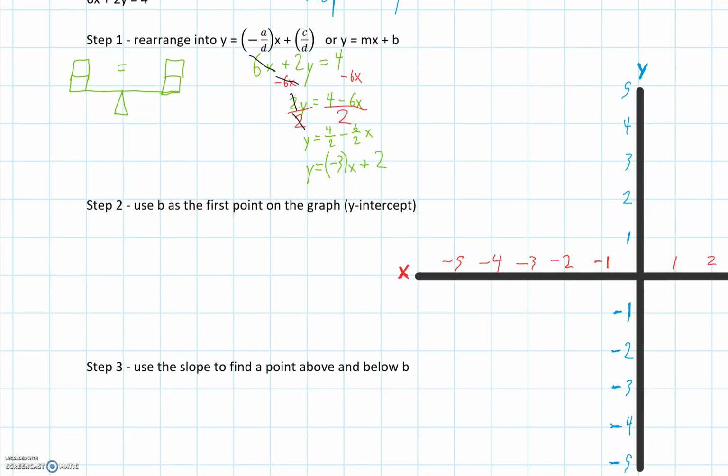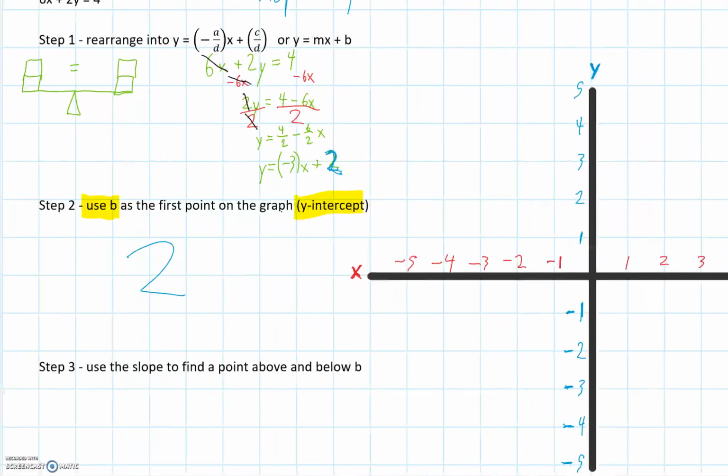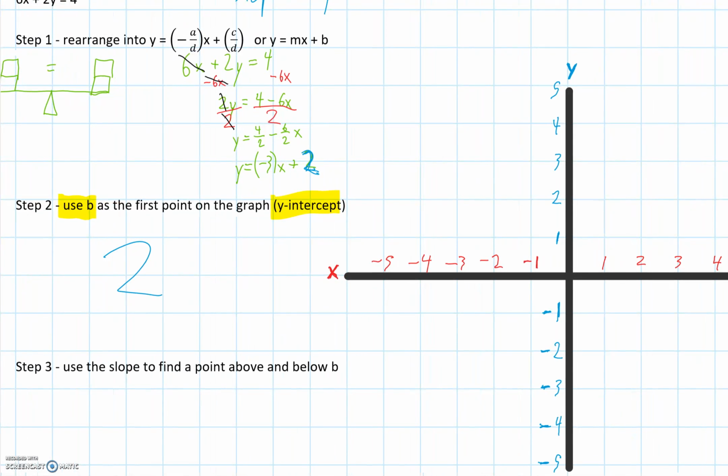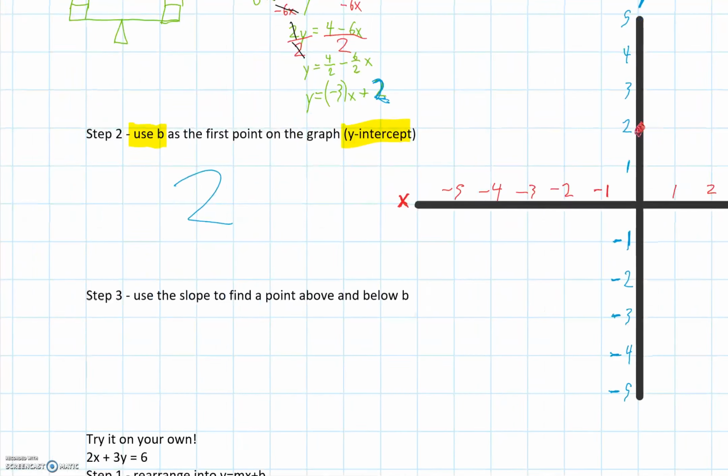Now, our step 2 is to use b as the first point on the graph, or the y-intercept. So b is this 2 here. I'm going to look on my graph and put down where y equals 2. That's my point.